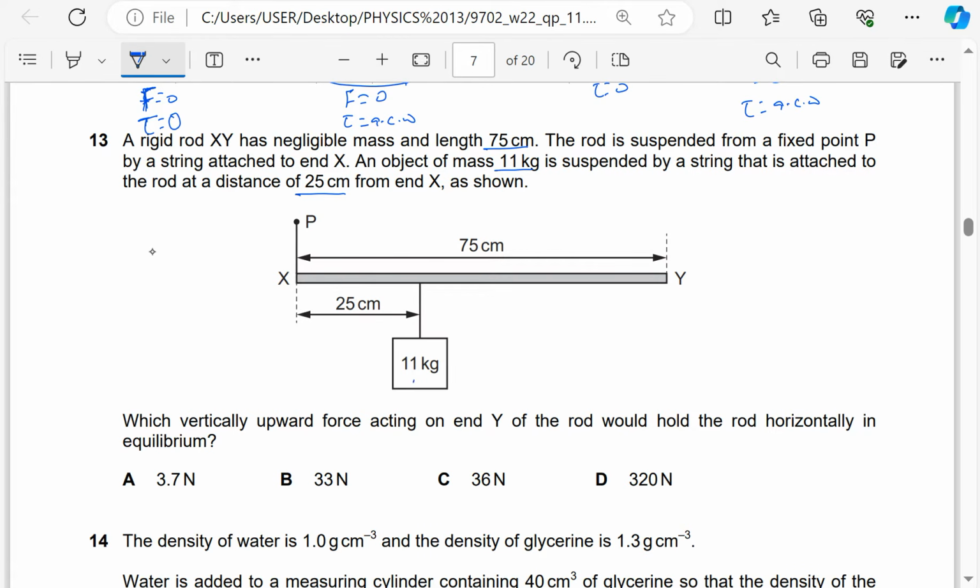So the 11 kilograms is going to cause a clockwise moment, so we need a force here which is most likely going to cause an anticlockwise moment to balance.